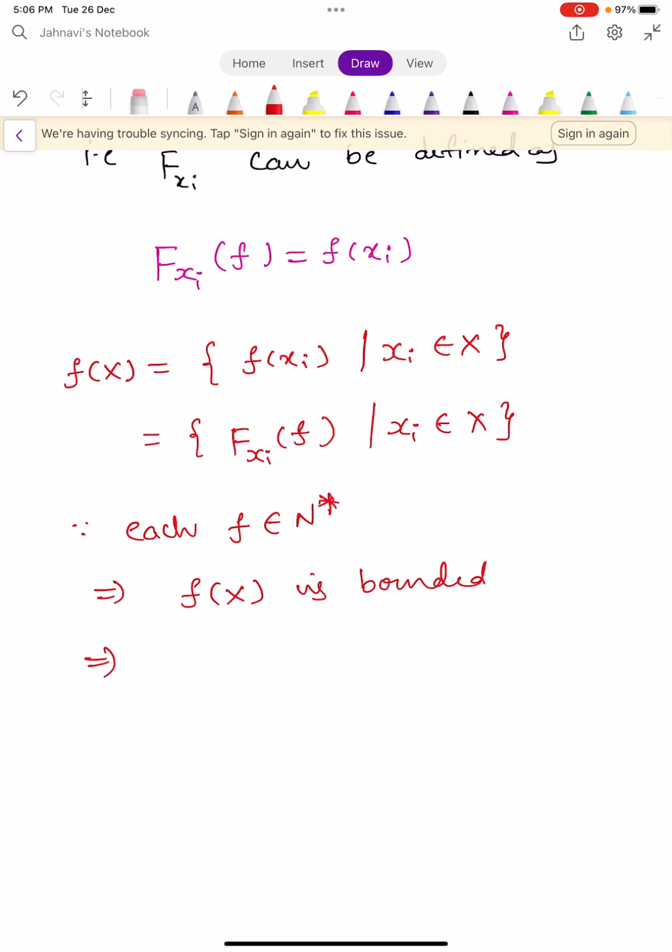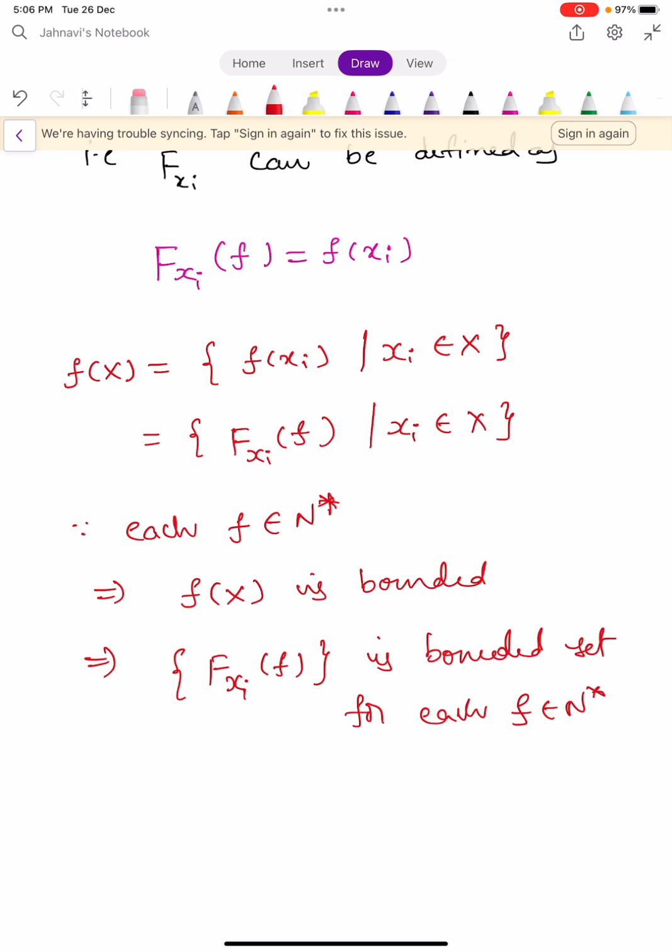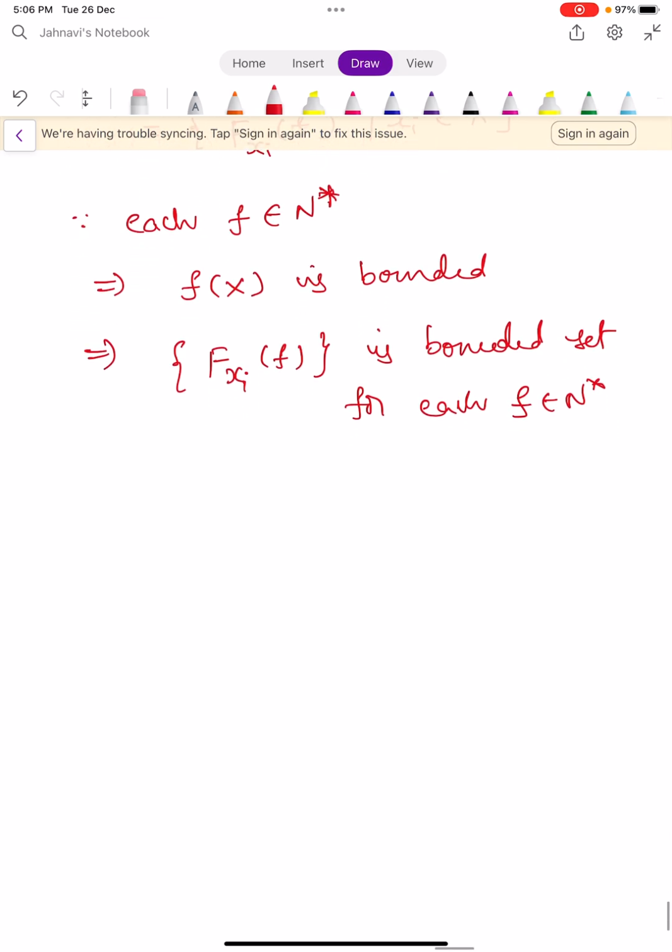This shows us that the collection of Fxi of f is a bounded set for each f belongs to N star. Already we know that this conjugate space N star is complete.